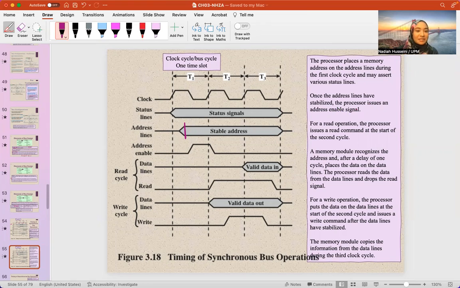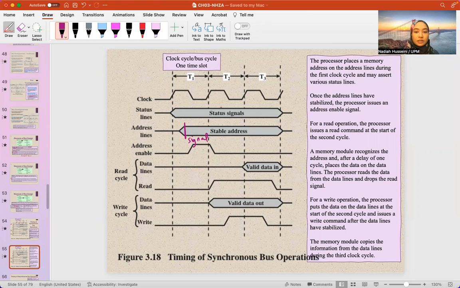I need to say that properly: it issues an address enable signal. Okay, so this is your signal.